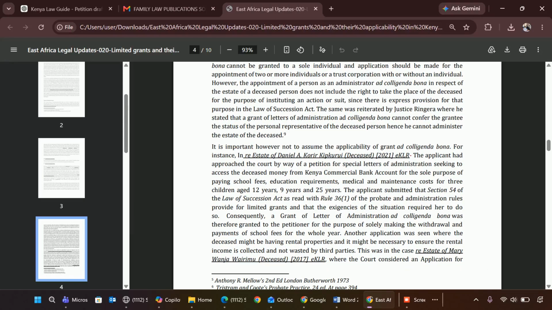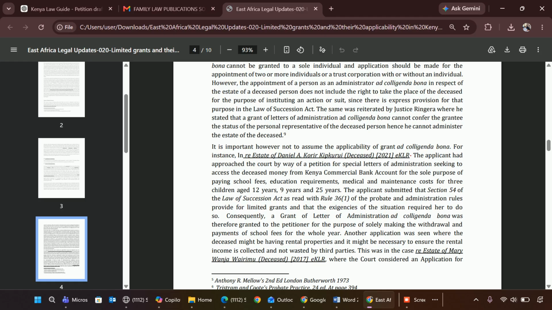But it is not okay to assume the applicability of grant ad colligenda bona, because we can see a 2021 decision, Korir Kipkurui, where the applicant had approached the court by way of a petition for special letters of administration seeking to access the deceased's money from a KCB bank account for the sole purpose of paying school fees, educational requirements, medical and maintenance costs for 3 children aged 12 years, 9 years and 25 years.